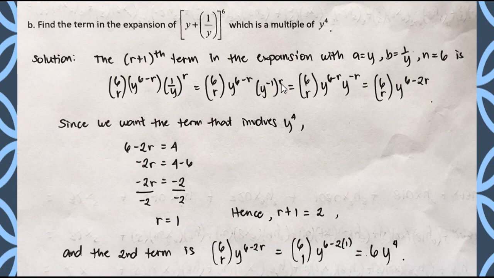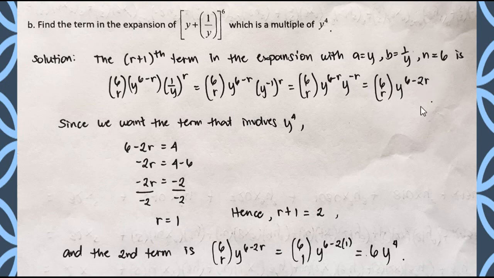Since negative 1 times r is negative r. Okay, pwede na to ni siya multiply since pareha sila og base. We just have to add the exponents. So, 6 minus r plus negative r, that is 6 minus 2r.